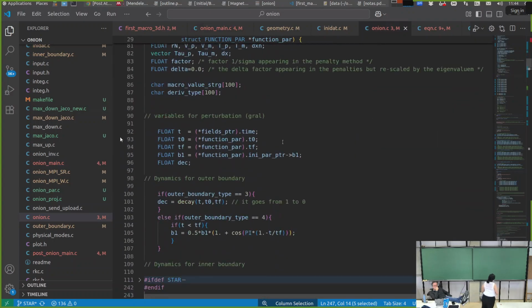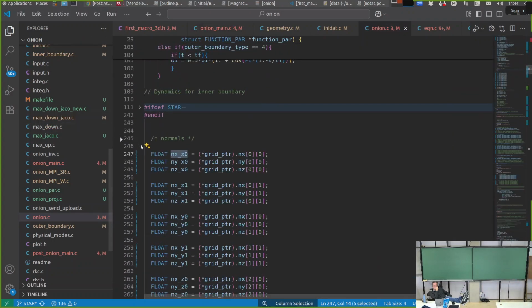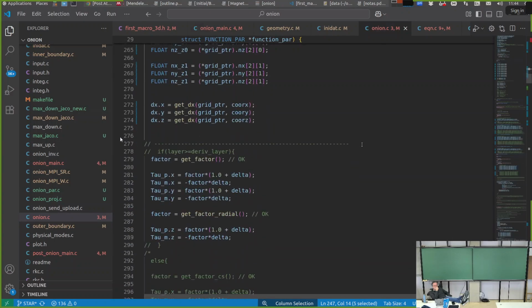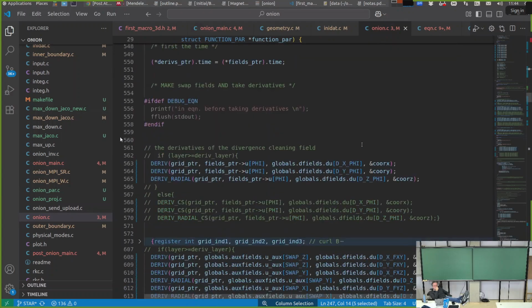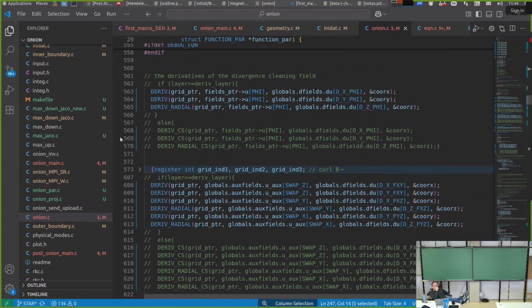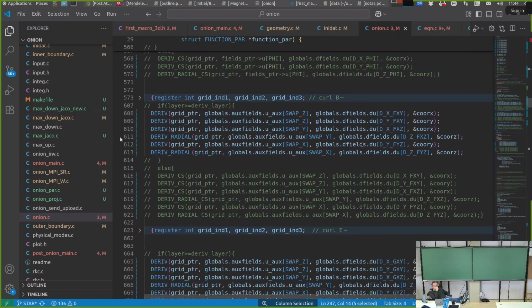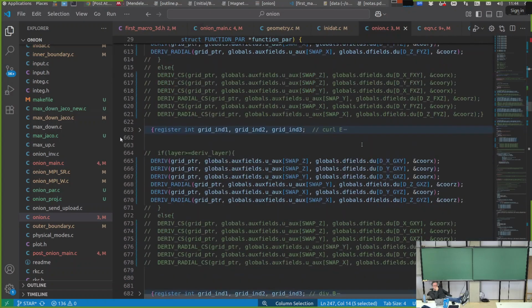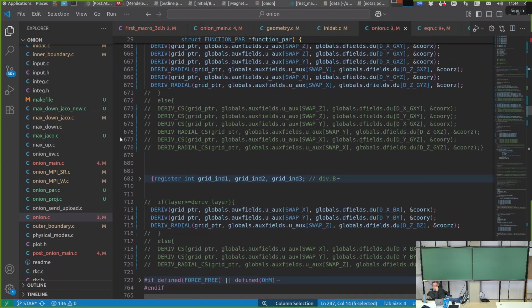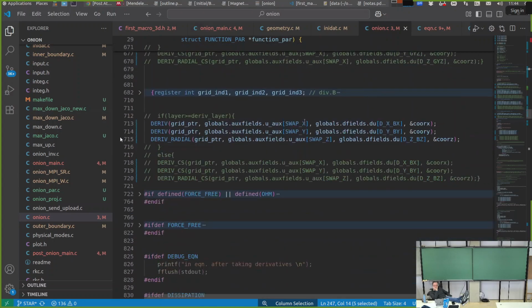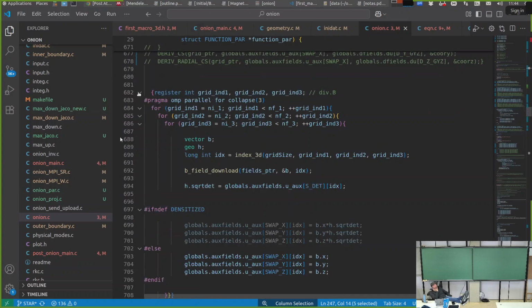So what it reads, let me see. We can say that the main aspect here is that it starts by taking all the relevant finite differences, all the derivatives necessary, like the divergence of V. This is all collapsed, right?